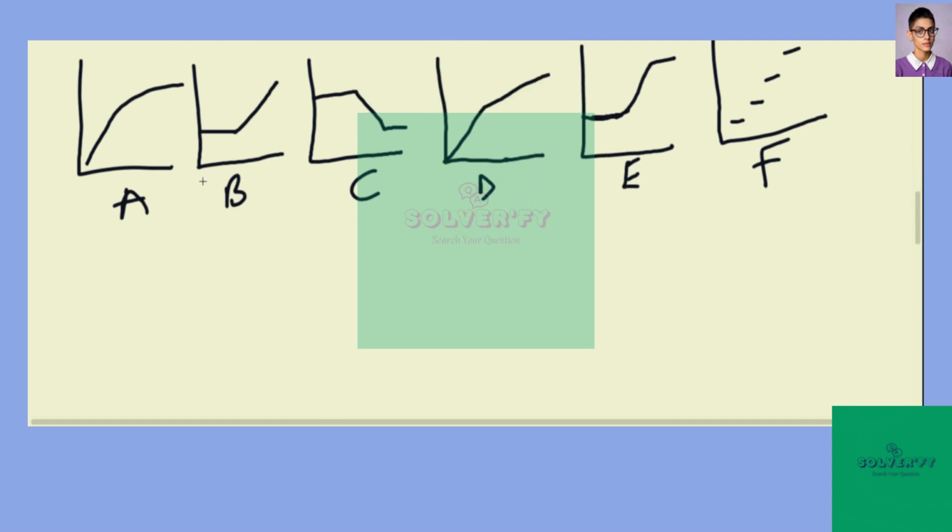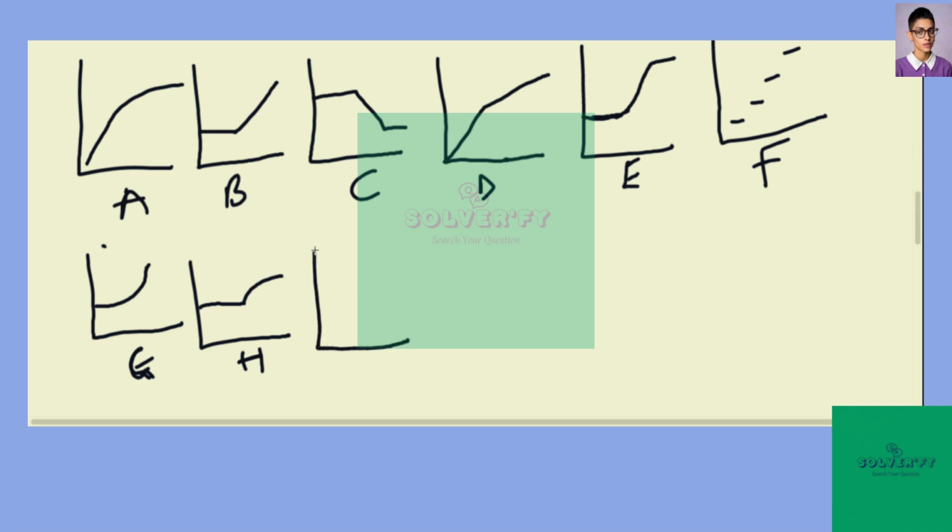Graph G looks like this. And H looks like this. I looks like this.